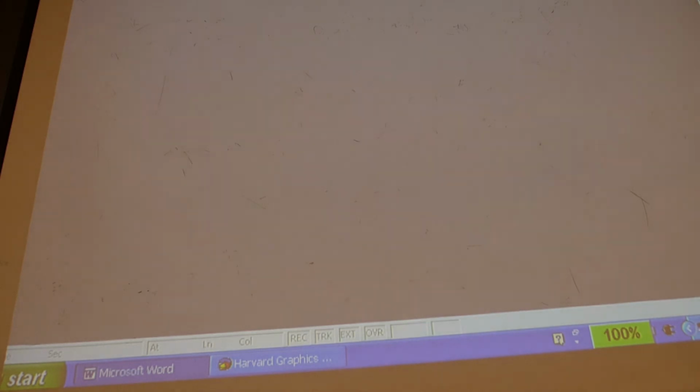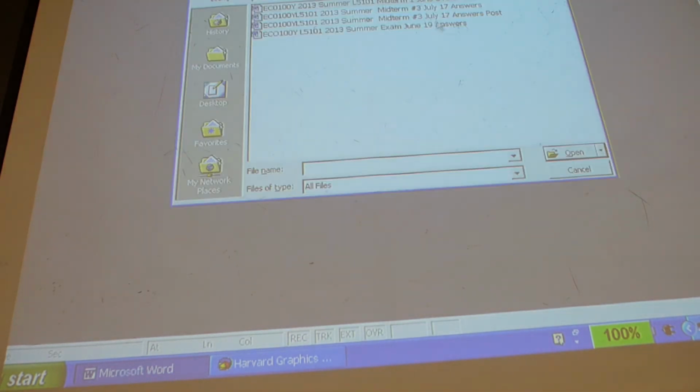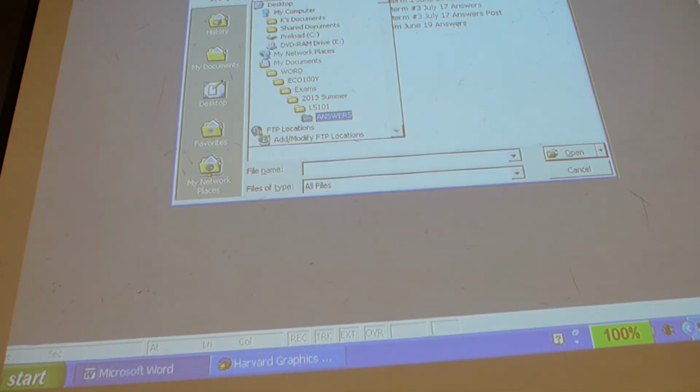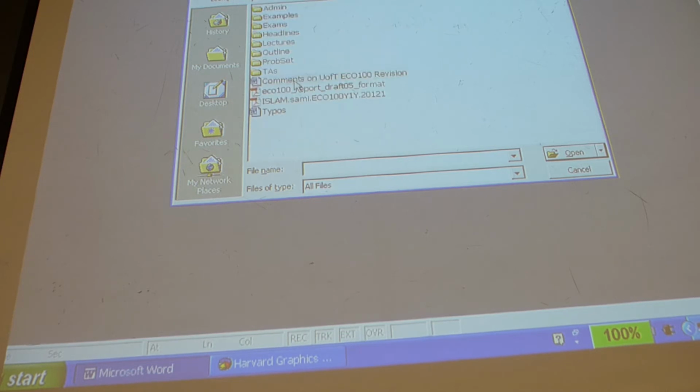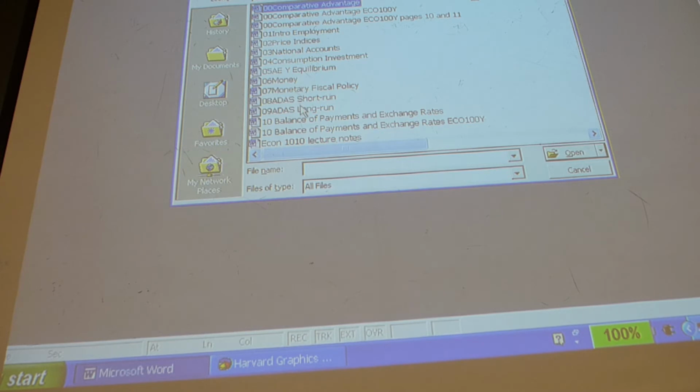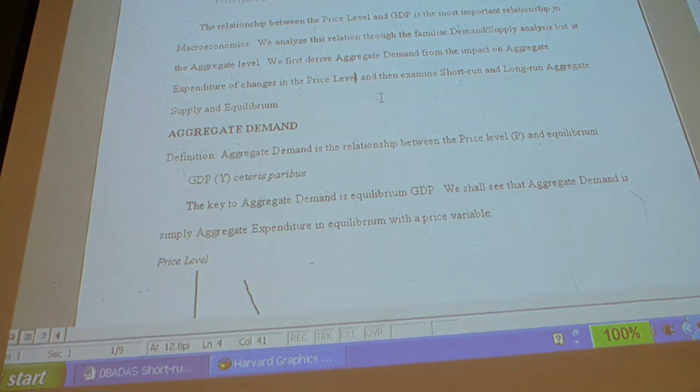And that is aggregate demand and aggregate supply. Okay, now notice, I'm just going to show you my notes, then we're not going to refer to them for a little bit here, because I'm just going to explain it to you.